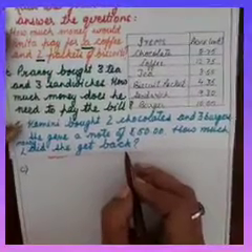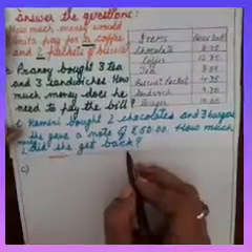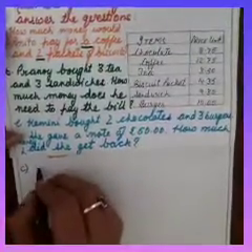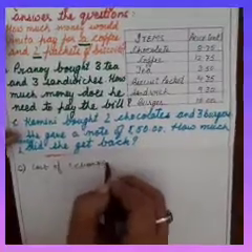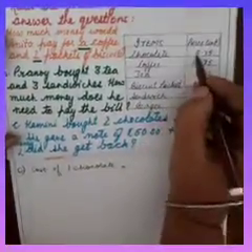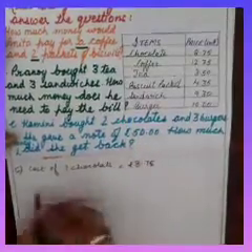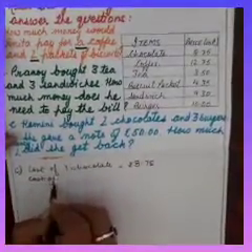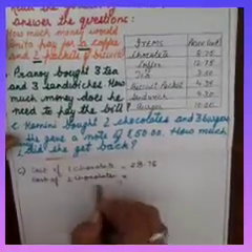So for finding how much money she will get back, first we should know how much she has to pay. So first we will find that. First we will write the cost of 1 chocolate. As you can see in the menu, it costs 8 rupees and 75 paisa. So the cost of 2 chocolates, because she has bought 2 chocolates, so we will find the cost of 2 chocolates.